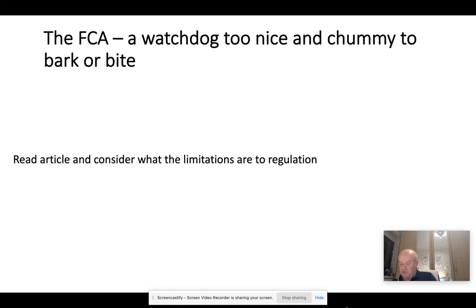And then we've also got some externalities, which was to do with the Royal Bank of Scotland, which ended up getting taken over pretty much by us as taxpayers, essentially.